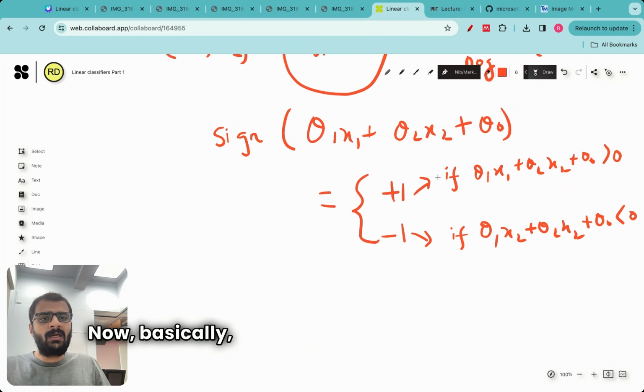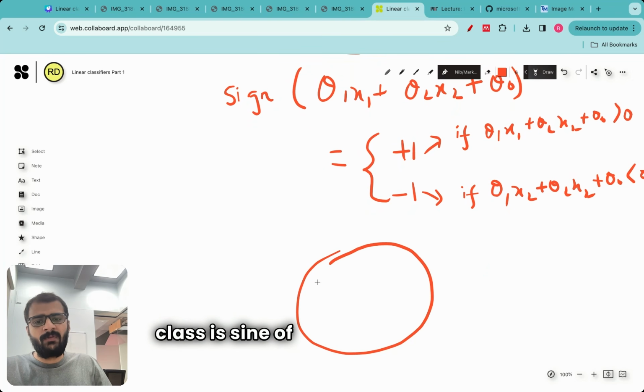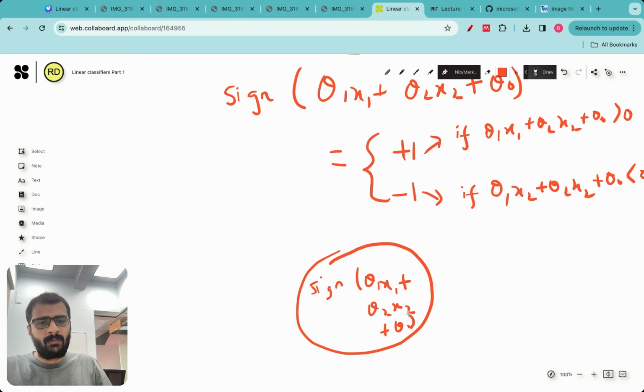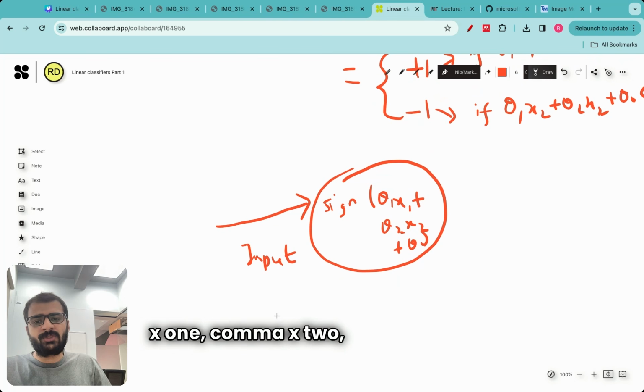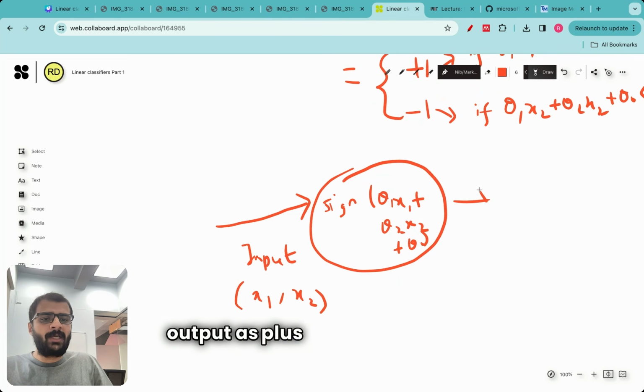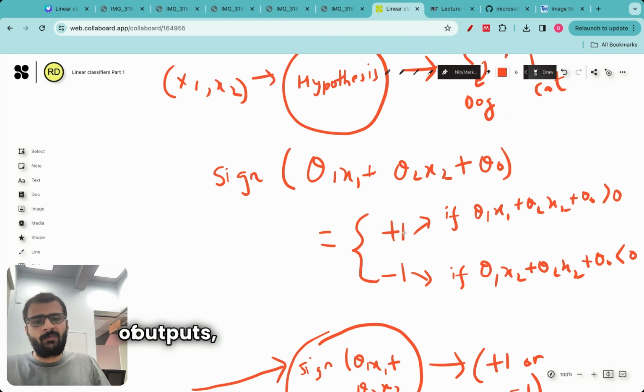One way to look at the hypothesis class is sign of theta 1 x1 plus theta 2 x2 plus theta naught. Whenever you receive an input x1 comma x2, we will have an output of plus 1 or minus 1, because the sign function returns only two types of outputs.